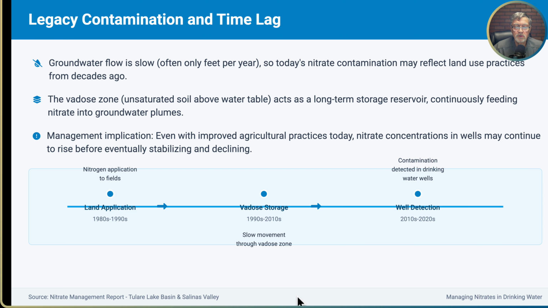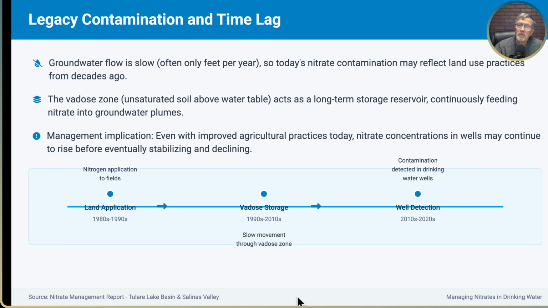So the vadose zone acts as a long-term storage reservoir, continuously feeding nitrate into groundwater plumes. So it's a continuing source basically, and that basically gets recharged from over application of fertilizer too. So you're seeing it continually being recharged, and that's continually leaking and feeding nitrate into groundwater plumes. Management implications. Even with improved agricultural practices today, nitrate concentrations in wells may continue to rise before eventually stabilizing and declining.